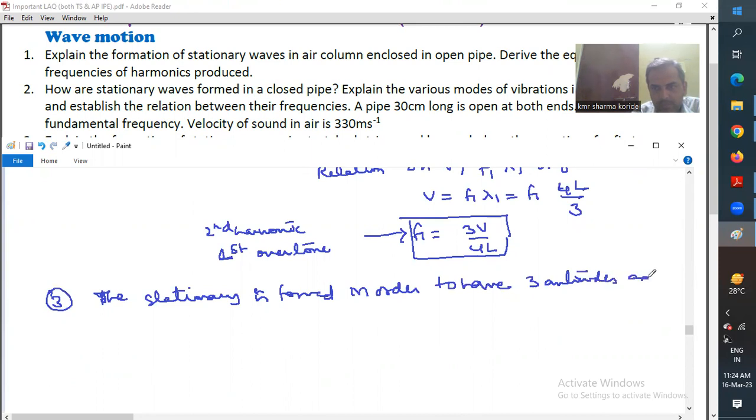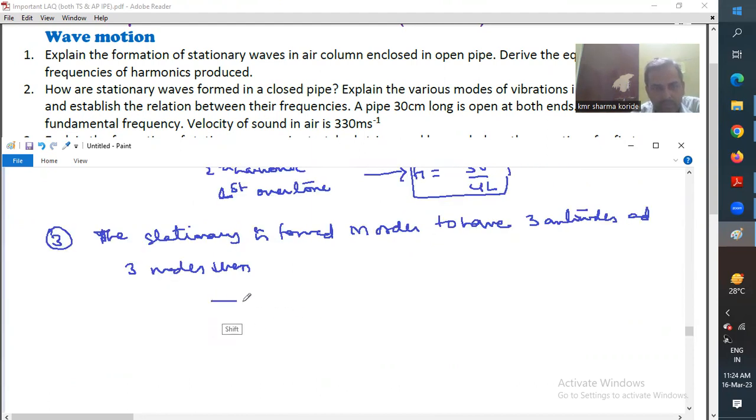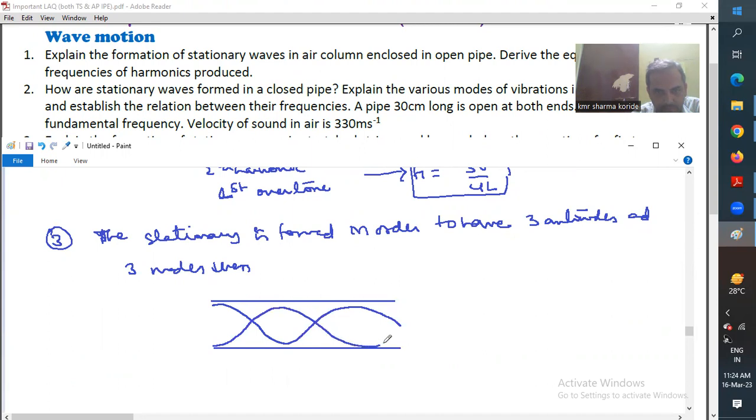So draw the closed organ pipe to produce three antinodes and three nodes: one antinode at the open end, one antinode in the middle, and one antinode here. The pipe is closed, so this is a node, this is a node, and this is a node. The length of the pipe is once again capital L.